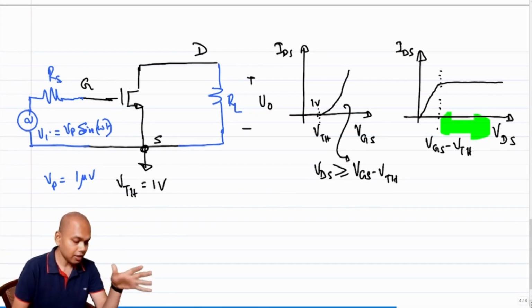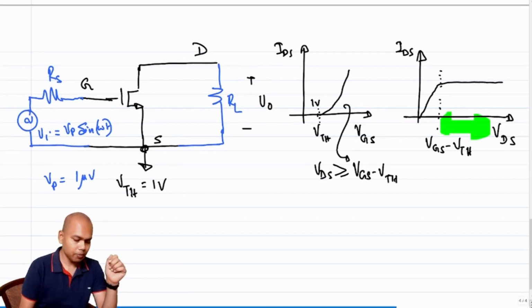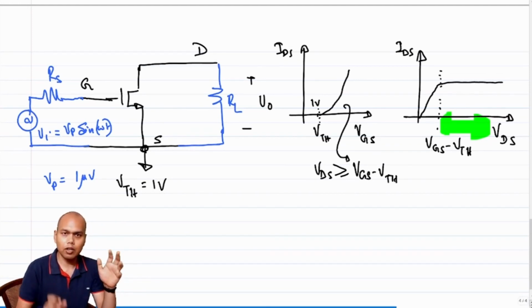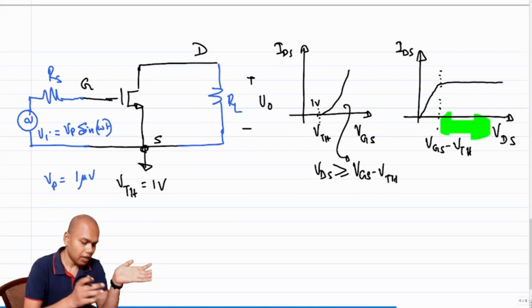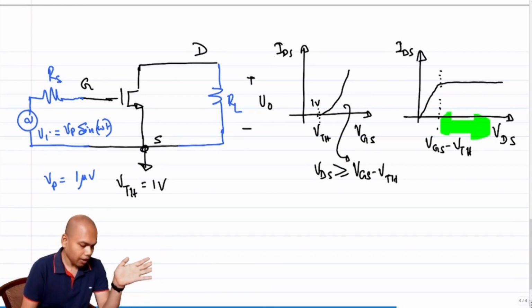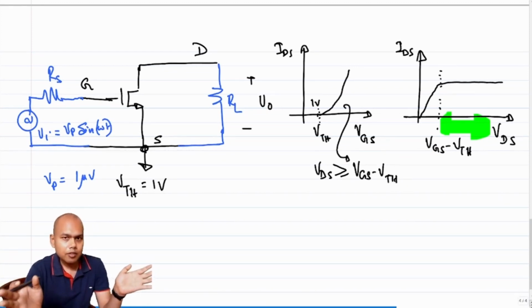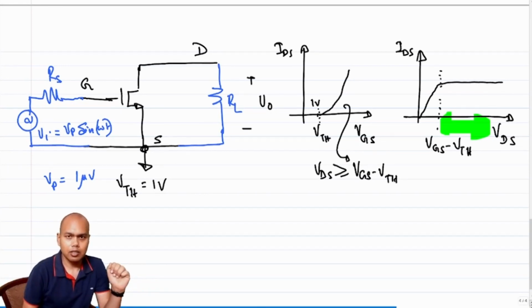And note that these are DC characteristics. This IDS versus VGS plot and IDS versus VDS plot are all DC characteristics. What do I mean by DC? All I mean is, how did you get this plot? You got it by incrementally varying one parameter very slowly while keeping all the other voltages constant.